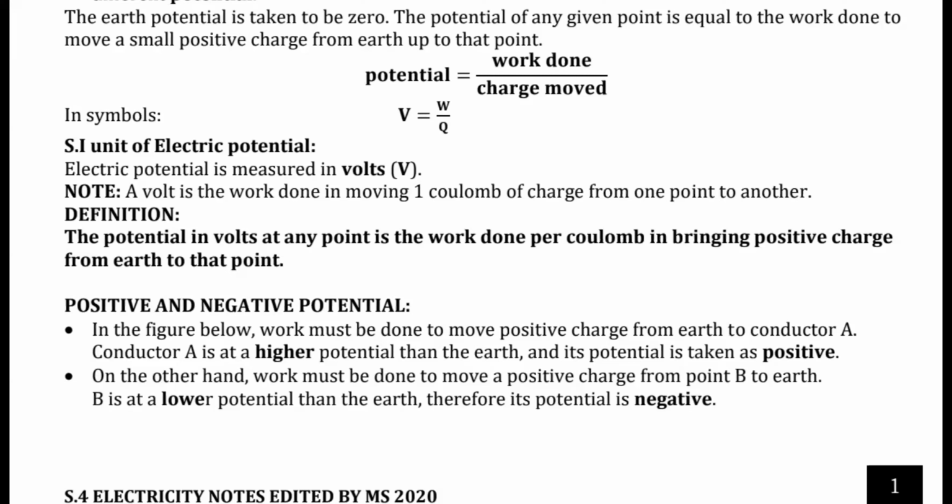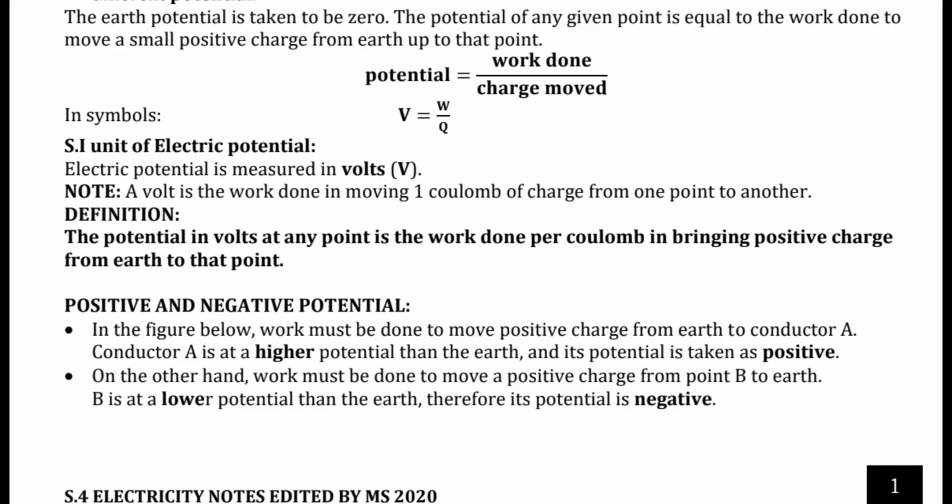Okay, so we have two definitions now. One is for potential, and the other is for potential difference. If you are defining potential, then the charge has to be coming from Earth to that point. If you are defining potential difference, then it has to be coming from one point to another.